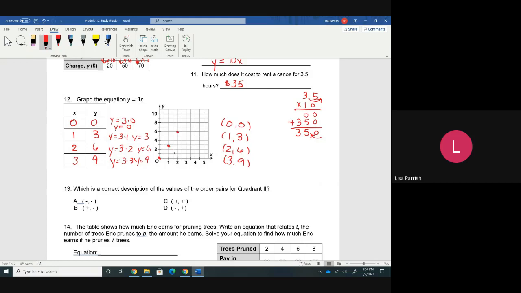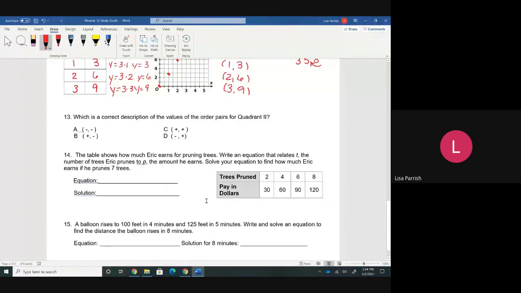Dribble over to the 3. Shoot up to the 9. And remember, when you do this, they should form a straight line. It can be diagonal like this, but when your table has the same rule, that means you get your y value the same way each time, in this case times 3, you will have a straight line. So that would be how you would have graphed that.